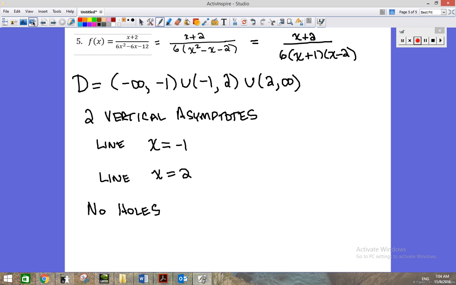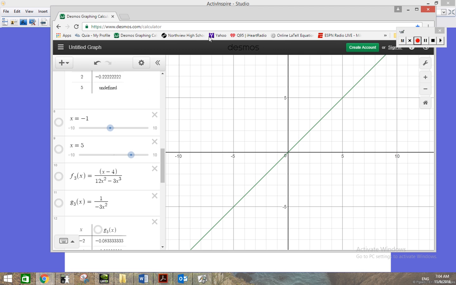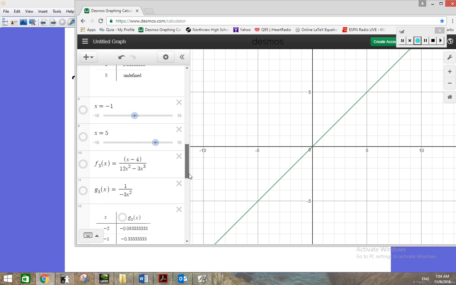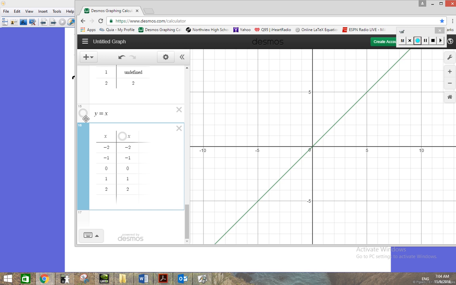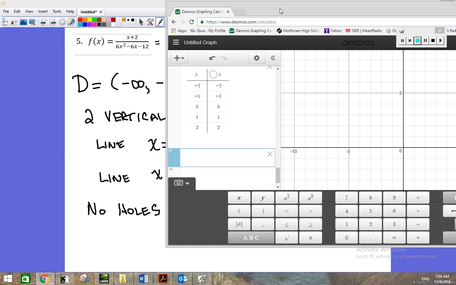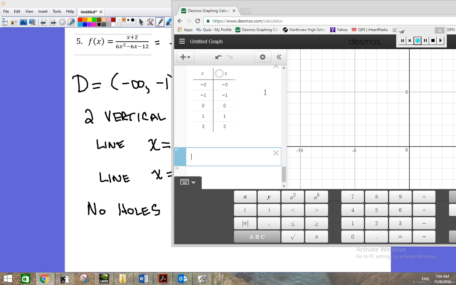So let's go and see if we can illustrate this using this online graphing calculator. Get rid of our previous problem. I'm just using the index of 5 to indicate that I'm working on problem 5.